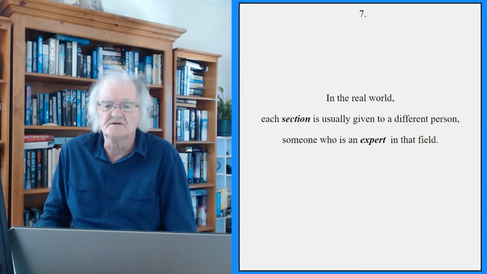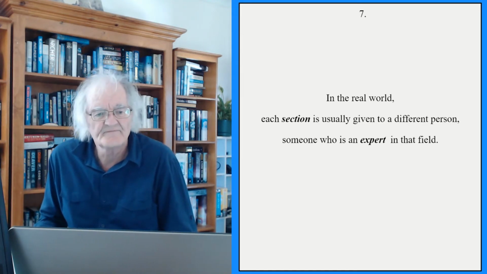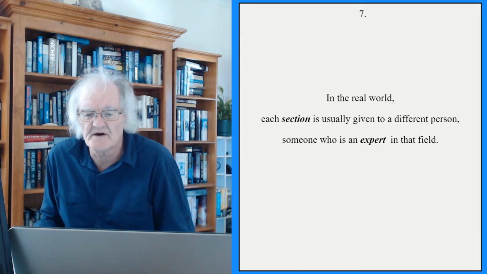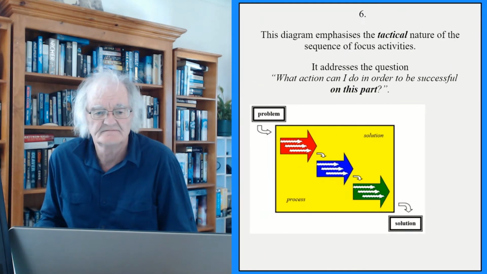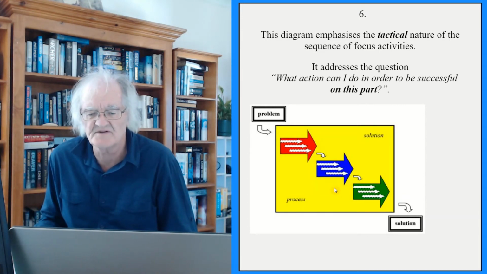In the real world, each section of that type of process is given to a different person, someone who is an expert in that particular field. So one person would do this, another person would be in charge of this, and a third person would then have the processing passed on to them, and they would finish.